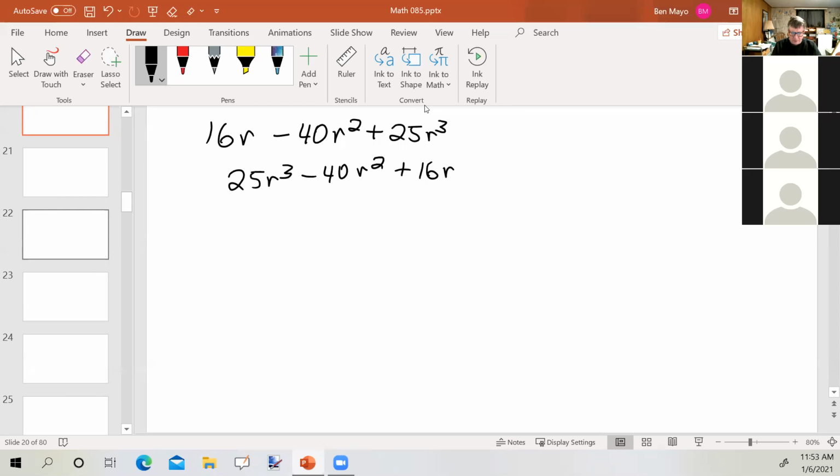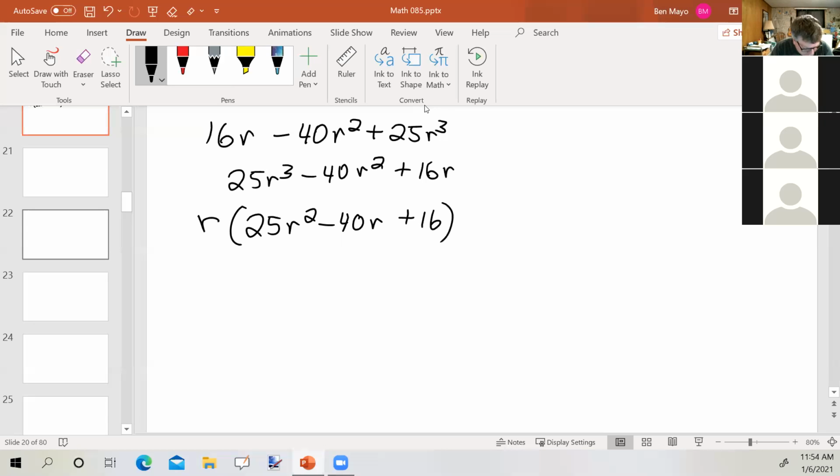And let's see, is there a greatest common factor? Well, in terms of the coefficients, it doesn't look like it, but I could take an r out of each term. So we'll factor out an r, which gives me 25r squared minus 40r plus 16. Okay.